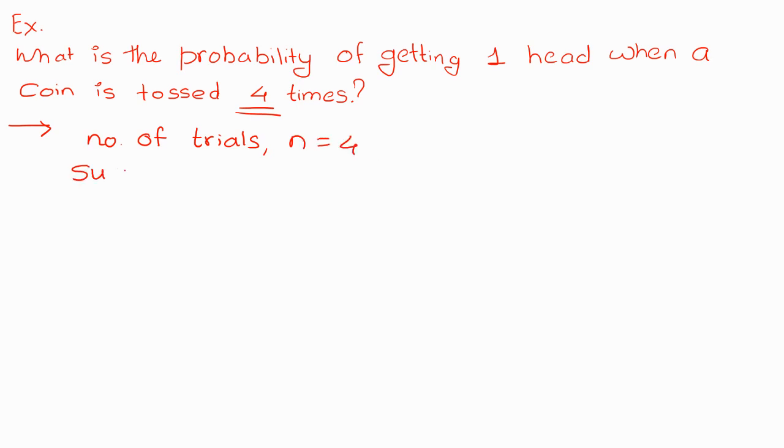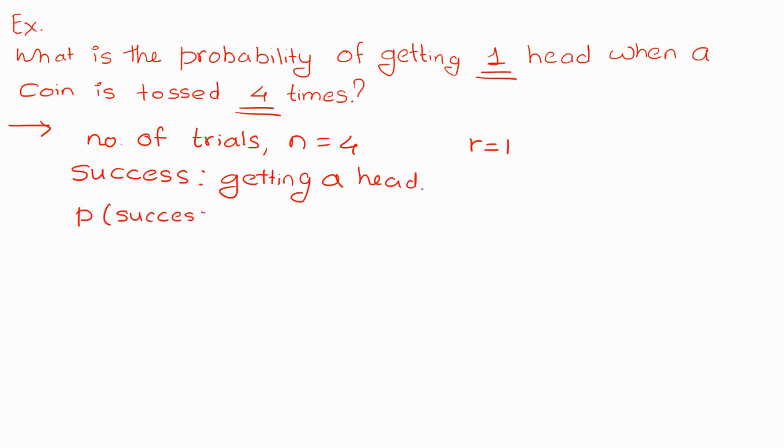Okay, let us say what is my success. Success is getting a head. And how many successes do we want? How many heads do we want? 1. Therefore my r is equal to 1. Now success has been found, r has been found. What else is required is the probability of success, that is my p value.